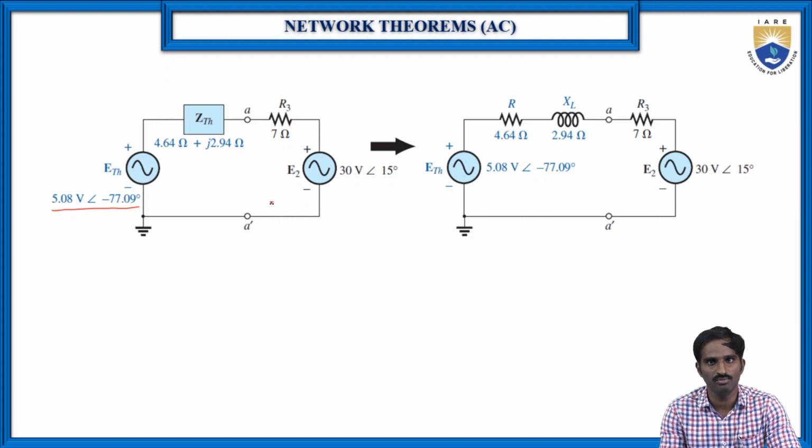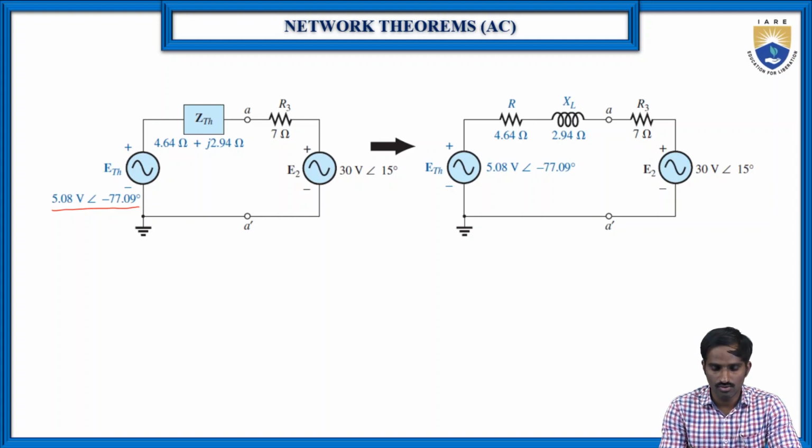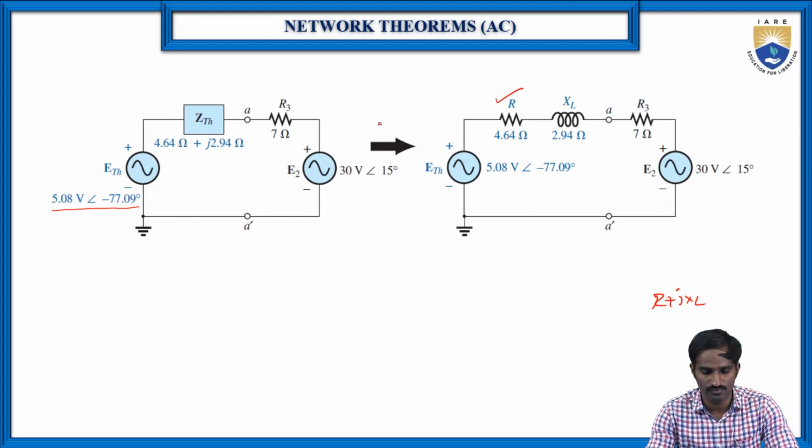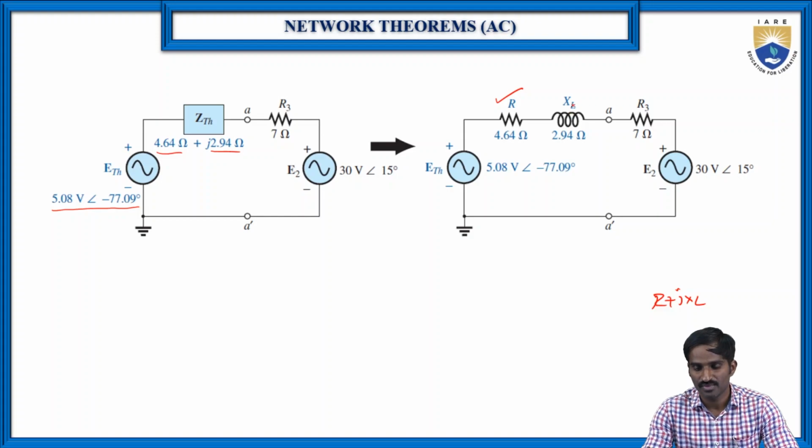This is given in the problem, and E2 is 30 volts at an angle of 15 degrees. Z Thevenin's can be divided into rectangular form, R plus jXL, where R is 4.64, the real term, and the imaginary term 2.94 is the inductive reactance value. Then this is the Thevenin's equivalent circuit.